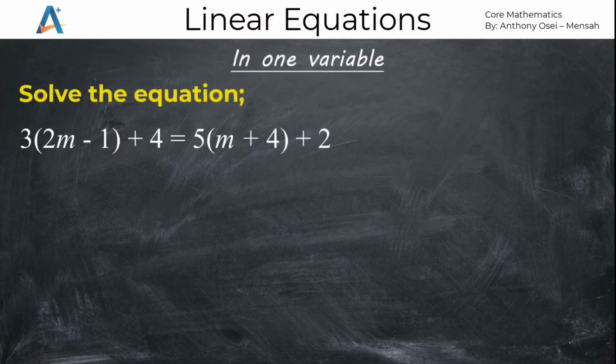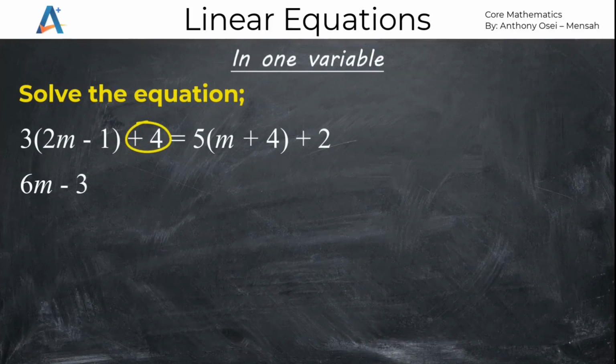Now, how do we solve such an equation? We need to first of all expand to remove the brackets so that the variable m, whose value we are supposed to find, will be free. So we expand the left hand side. Still there is a right hand side bracket. So 3 times 2m gives us 6m. Then 3 times minus 1 gives us minus 3.